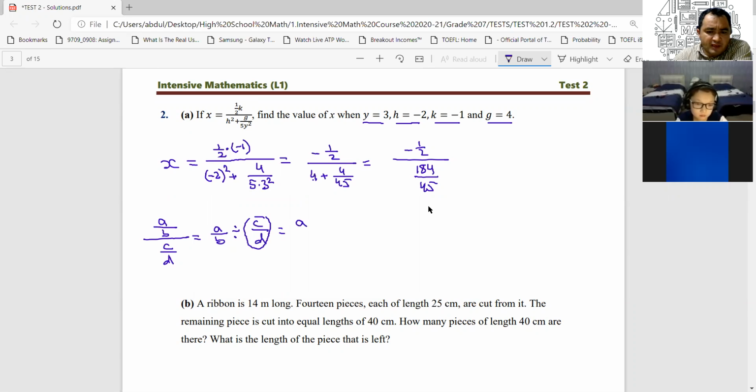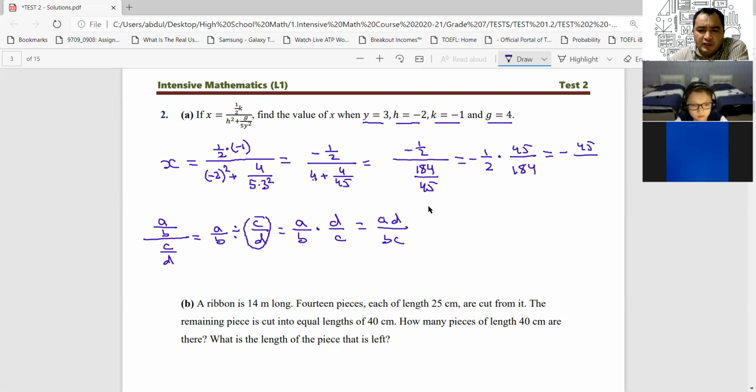So that means that here we have A over B times D over C, which is equal to AD over BC. So like this, actually, that's equal to negative 1 over 2 times this one just right upside down. That is 45 over 184, which is equal to minus 45 over 2 times 4, it is 8. 2 times 8, 16. We have 1. 2 times 1, with 1, it is 3.